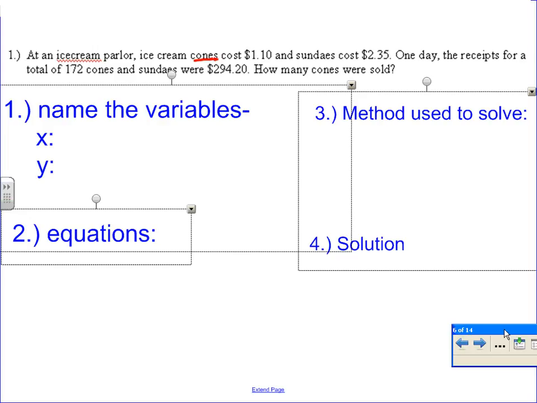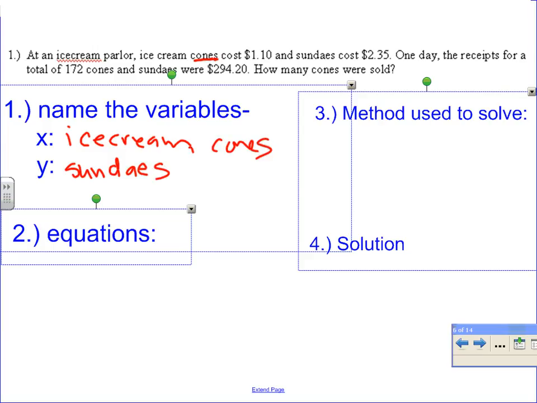Okay, we're going to do X as ice cream cones and Y as sundaes. The reason that I chose that is in the problem they talk about the ice cream cones first, how much they cost, and the sundaes second in regards to how much they cost.